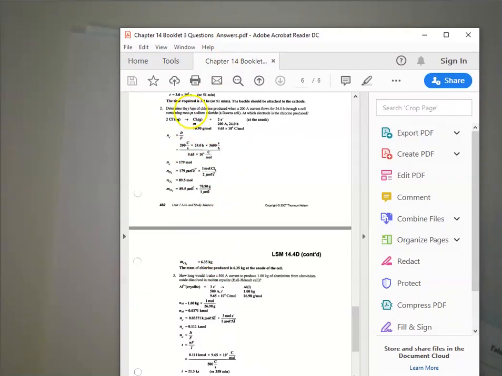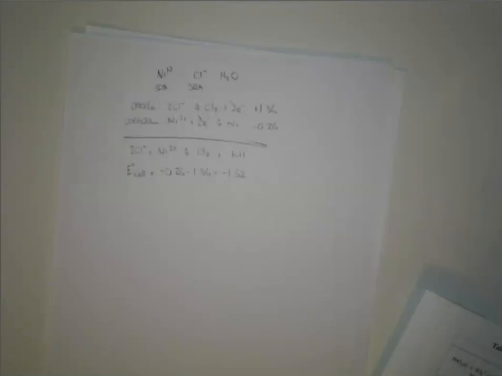So in this one, it's determining the mass of chlorine produced when you have a certain amp of current flowing for 24 hours through a cell containing molten sodium chloride. And we're wondering at which electrode the chlorine is produced. So you were basically asking how do you know which electrode it would be at.